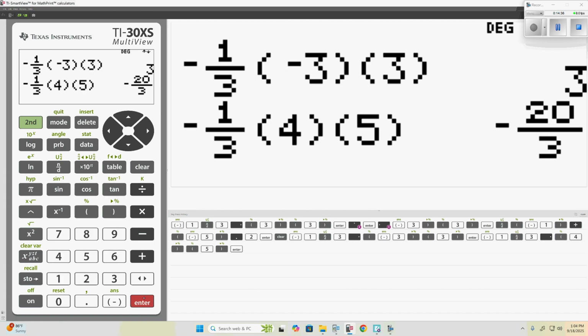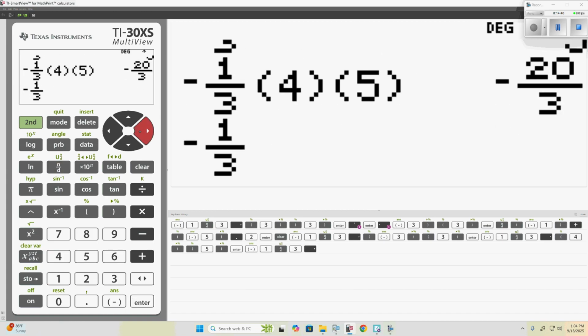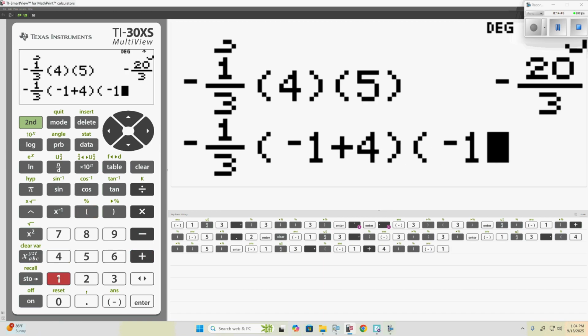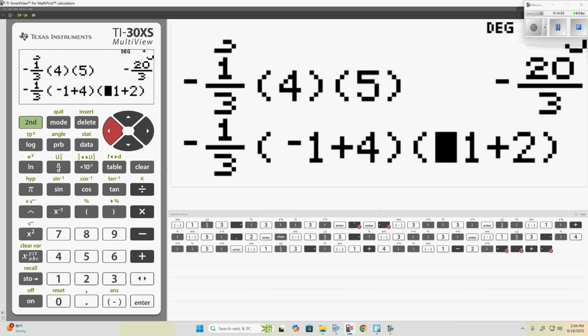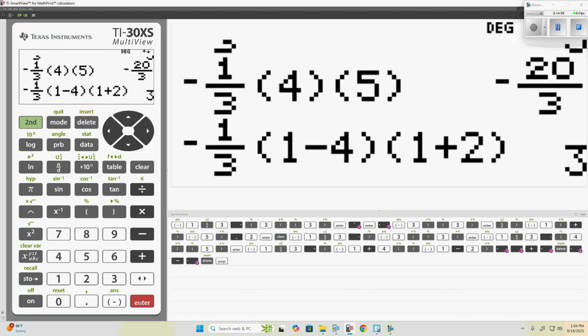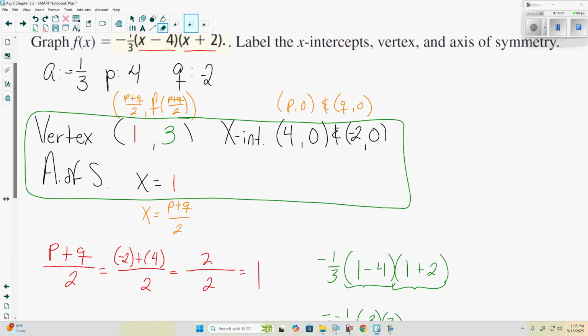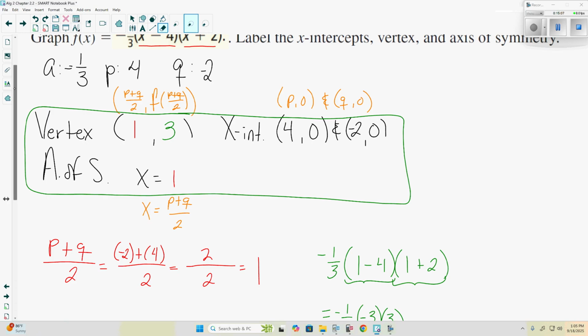So if you don't feel comfortable, especially with negative signs, you can type negative 1/3 times negative 1 plus 4 times negative 1 minus... well, it would help if I get my signs right, because it's 1 minus 4, 1 plus 2. It will still give us the answer. Questions on those here?